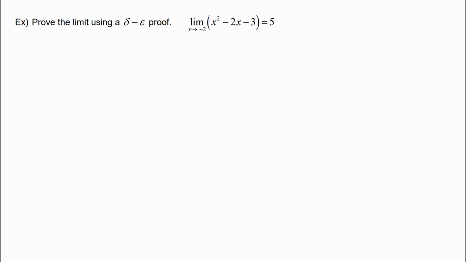Last one, guys. Prove the limit using a delta epsilon proof. The limit as x approaches -2 of the quantity x squared minus 2x minus 3 equals 5. So here's a proof.